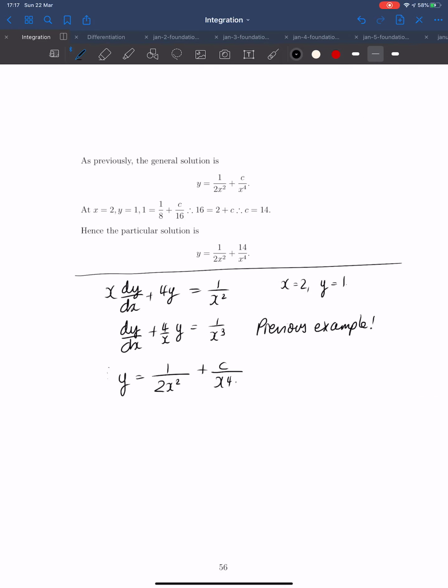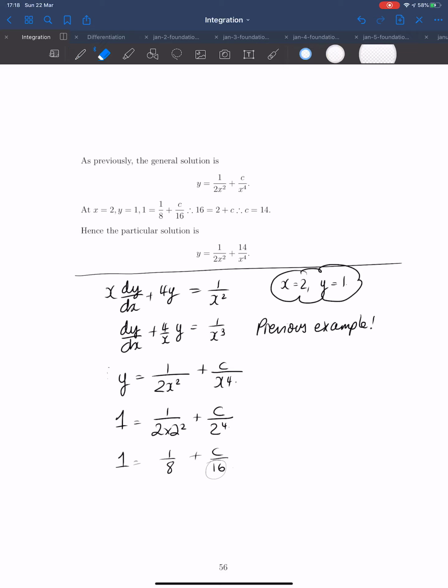So what we can do now is substitute x is 2 and y is 1 to work out what c is. 1 is 1 over 2 times 2 squared plus c over 2 to the 4. So 1 is 1/8 plus c over 16. Multiply everything by 16 to get rid of this.